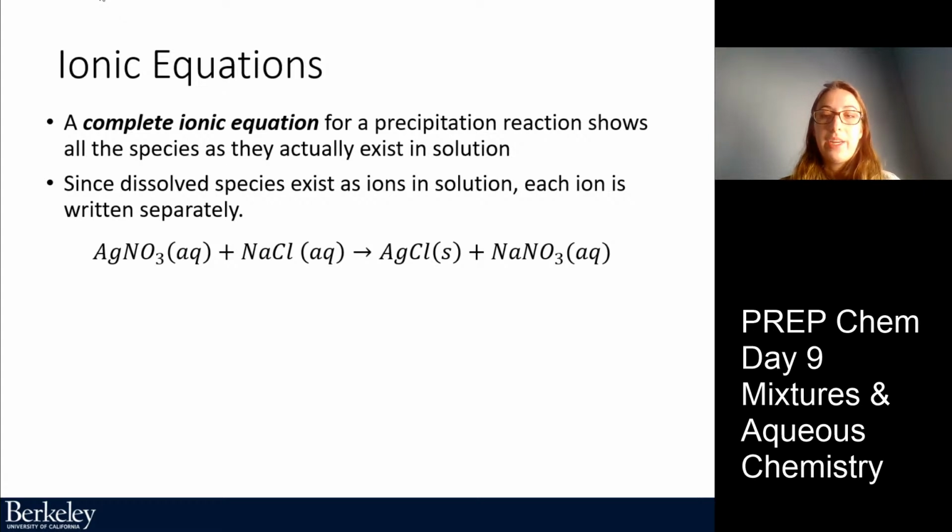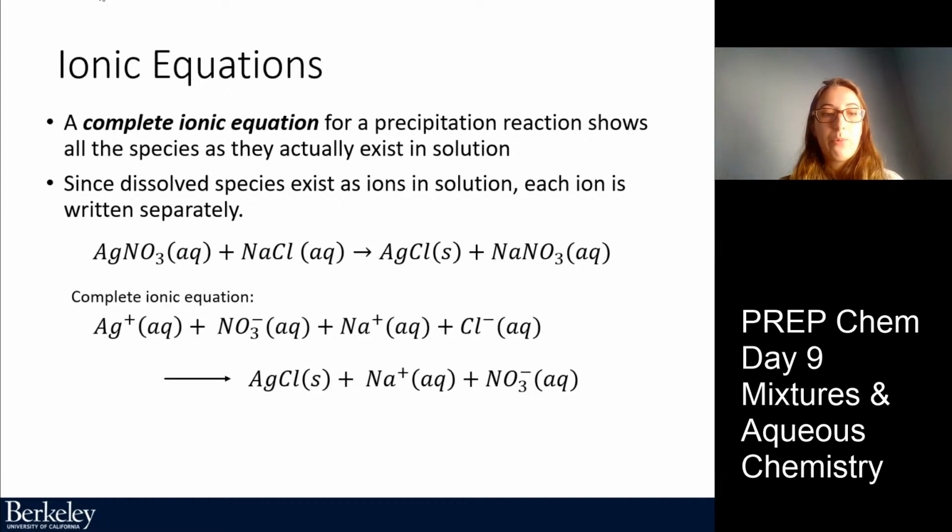For example, if we take the reaction from the last slide with silver nitrate and sodium chloride, we would rewrite that as individual ions. Your silver nitrate would exist as a silver cation and a nitrate anion, so you would write those as separate charged species. Your sodium chloride would be the same: a sodium cation and a chloride anion.